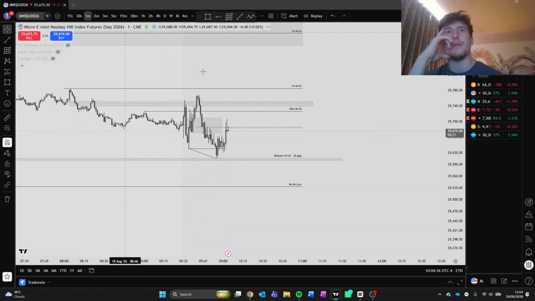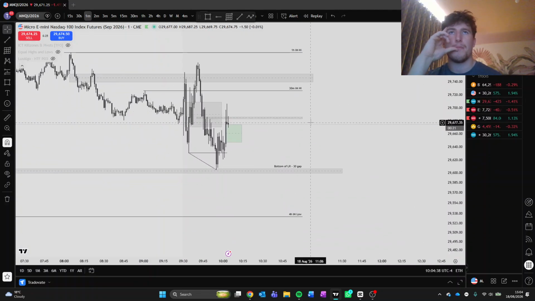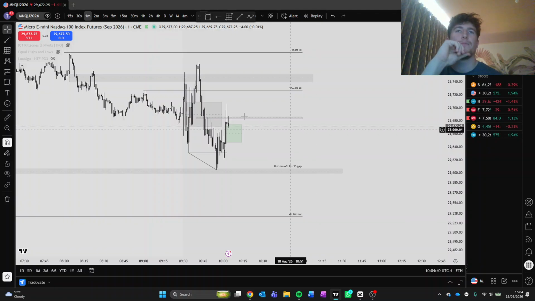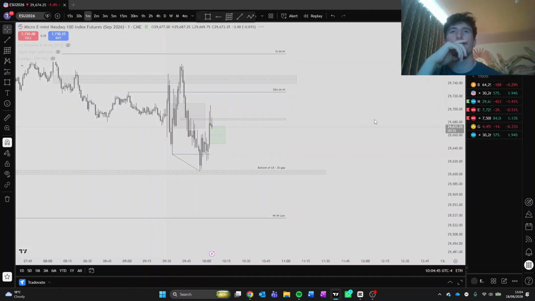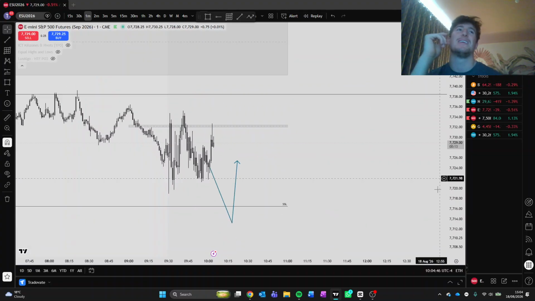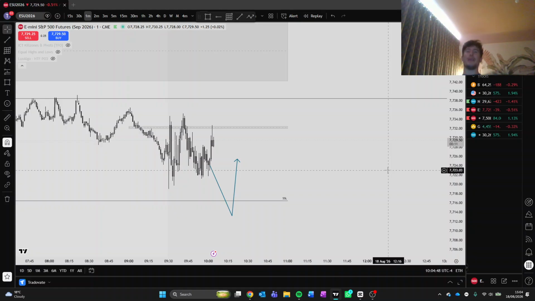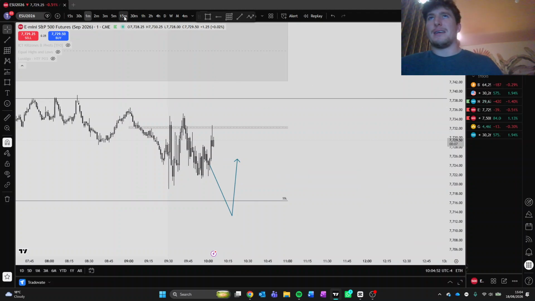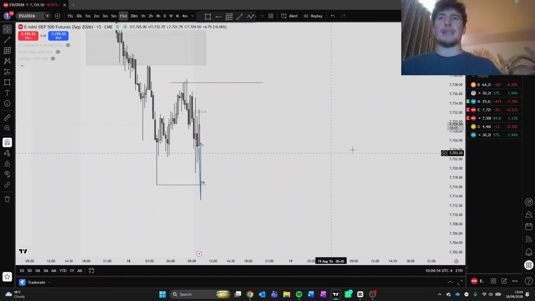Why would we retrace now? There's literally no reason. The only thing that's stopping me from being interested in any of these trades is how shit ES looks. It looks disgustingly horrible.